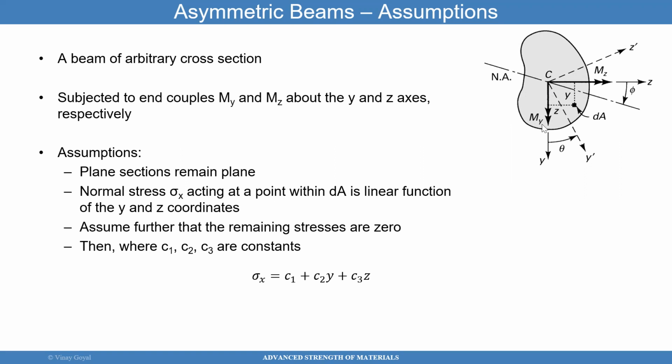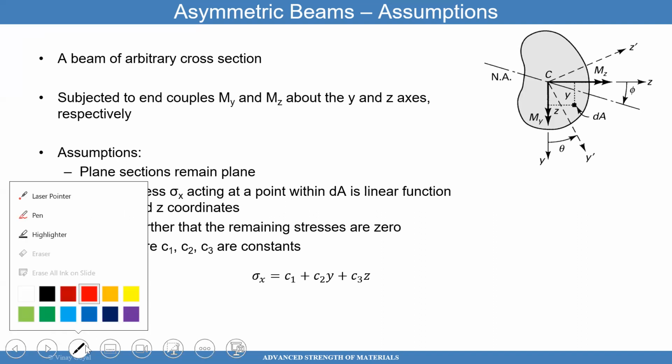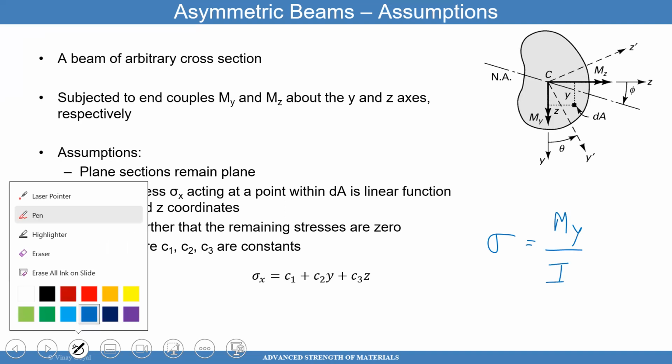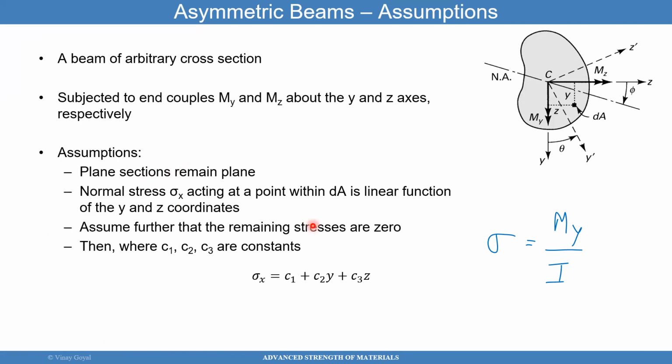Similar to Euler-Bernoulli beam, where we assumed that the stress was linear with respect to y, and you know that from this equation here. I'll annotate so you can see that we did cover that previously. So stress is a linear function of y.